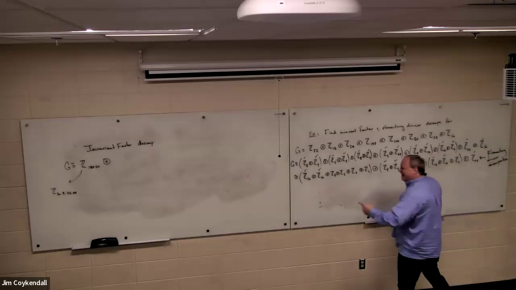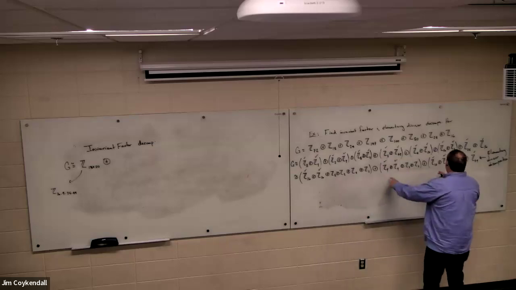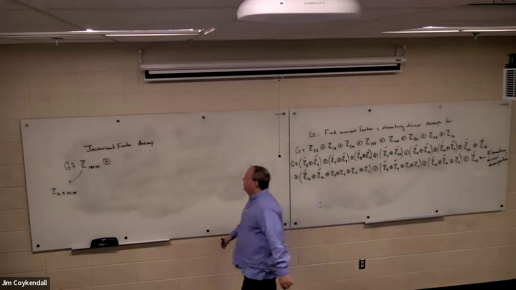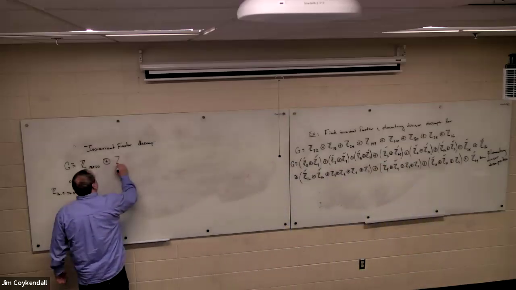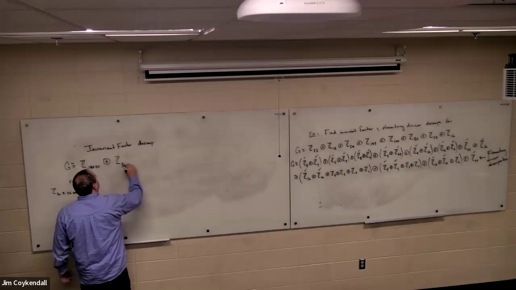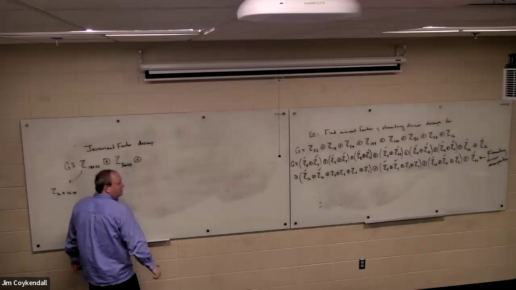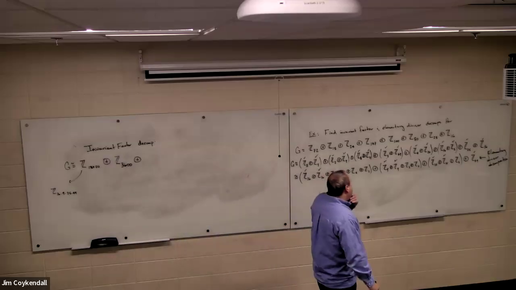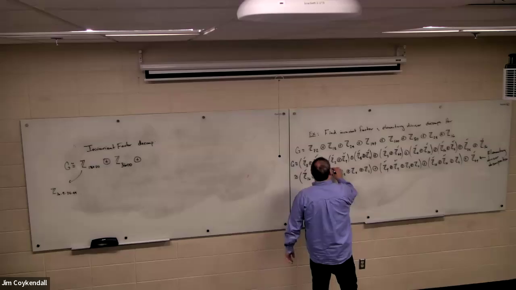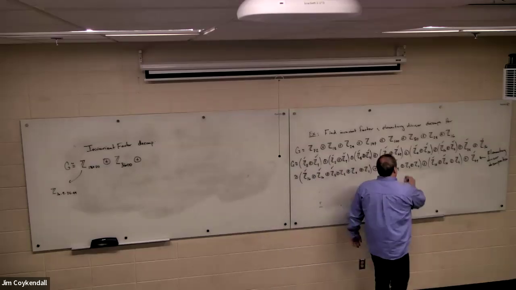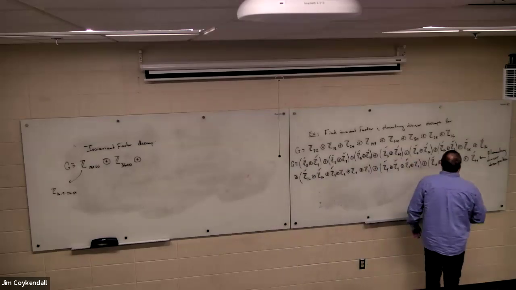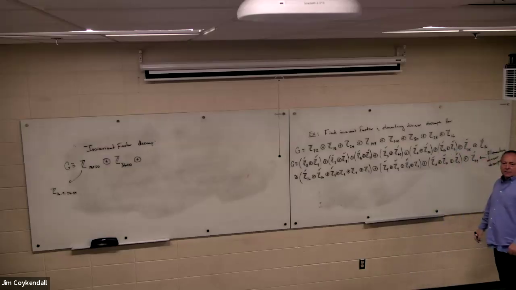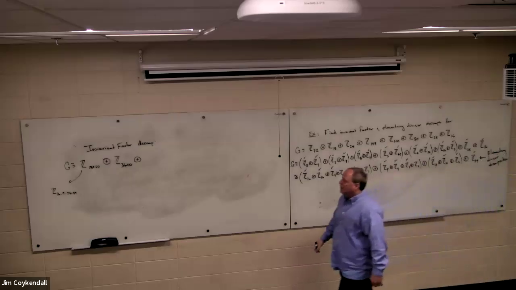So what do I got next? I've got 16 times 9, 25. So that's 400 times 9 is 3,600. Are you okay with that? Okay, next piece. 8 times 3 is 24, times 5 is 120.